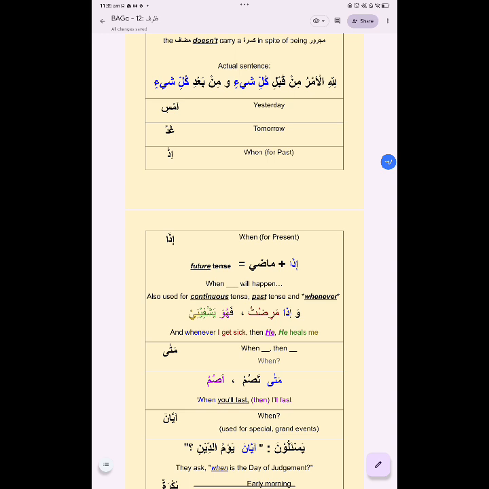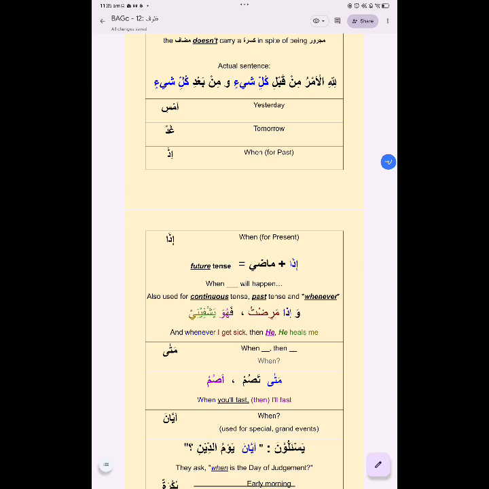Okay, and it is also used for continuous tense, past tense, and whenever. These are the different scenarios where you can find this combo. So for example, what is idha maridtu? Idha is once again present. Maridtu is past tense, right?